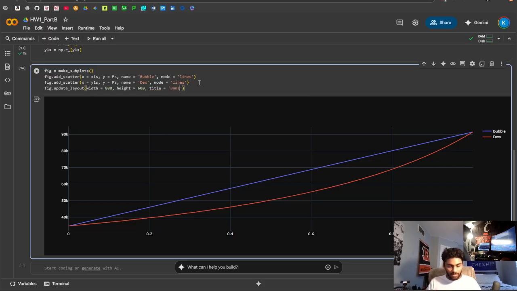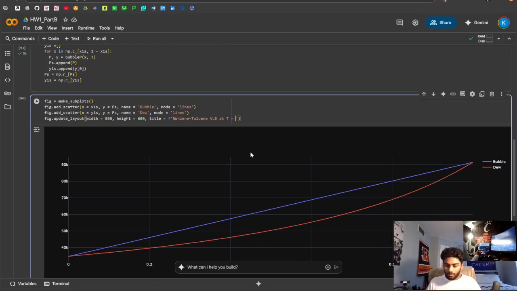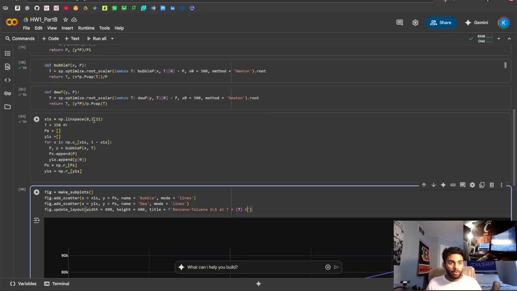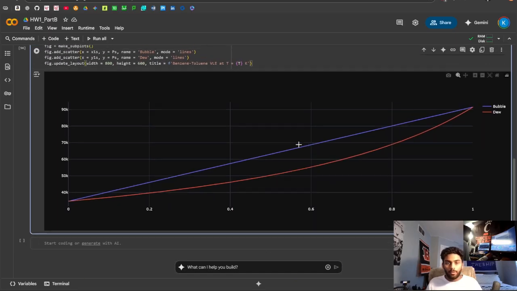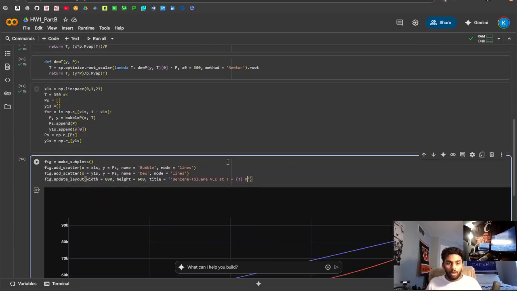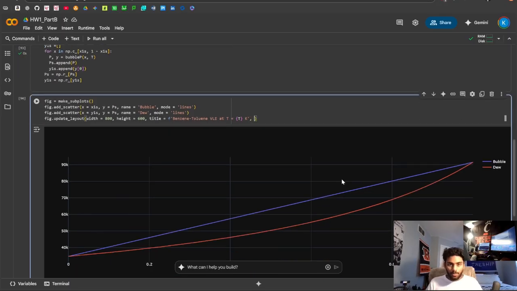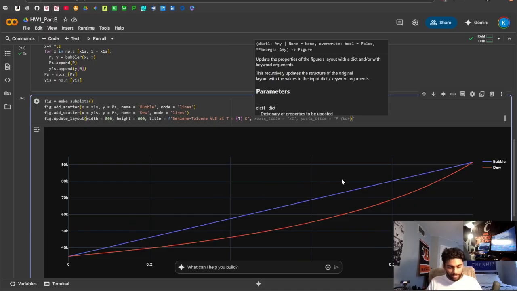We'll call this benzene toluene VLE at T equals, and what we're going to do here, we're going to make a callable out of our temperature here by using these squiggly brackets. And this means that every time that we update our temperature, every time we look at a new plot for a different constant temperature, it will automatically update in our title here. So that's nice. We'll have an x-axis title.